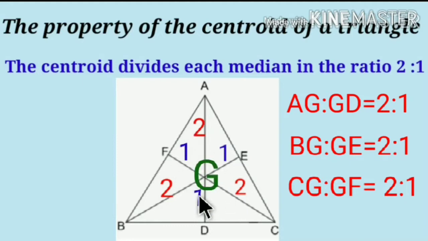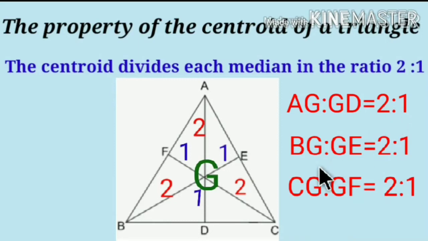Let us see the first median, AD. It is divided by the centroid point G into AG and GD. If AG is 2, then GD is 1. Hence, this centroid divides this median in the ratio 2:1.